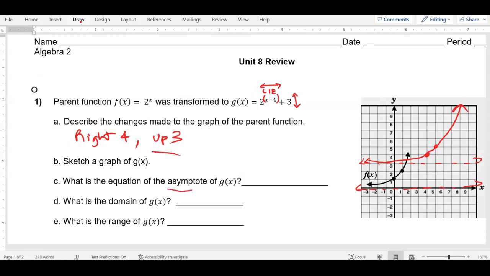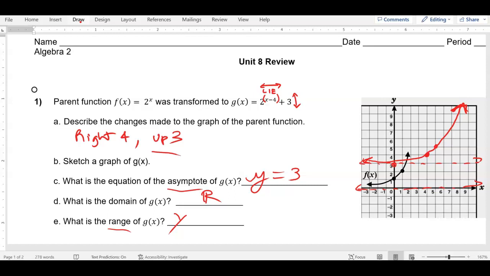I sketched a graph. I moved each point right 4 and up 3, and my new asymptote moved up 3. So when they're asking for the asymptote, remember a horizontal line goes through the y-axis at 3, so it's y equals 3. Now for domain, remember it goes forever to the left and forever to the right. That is all real numbers, and for exponential, it's always all real numbers for domain, but the range is y, and it is only above this dashed line going through 3.